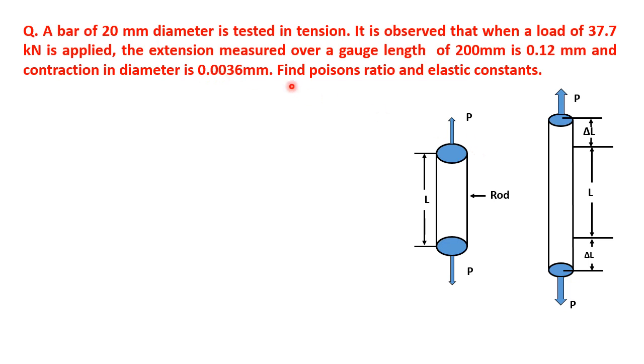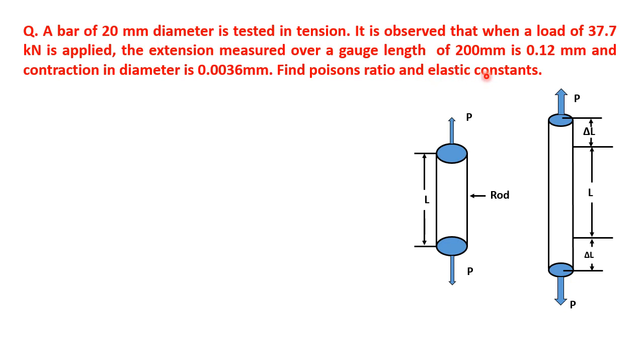When it elongates, the size of the bar will also contract. So delta D, that is the change in diameter, is 0.0036 mm.